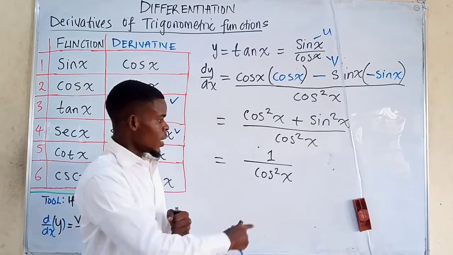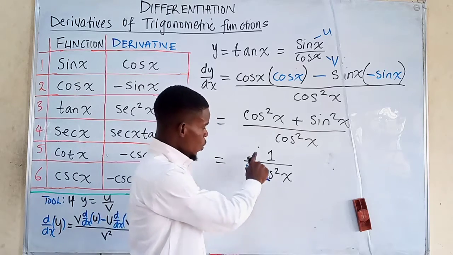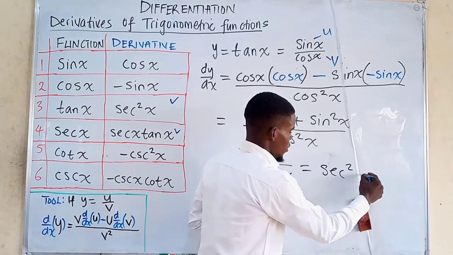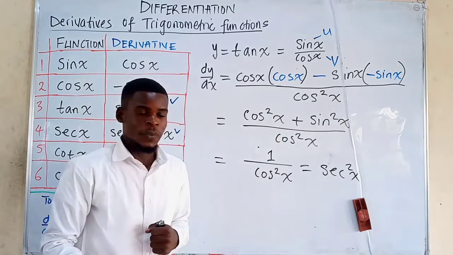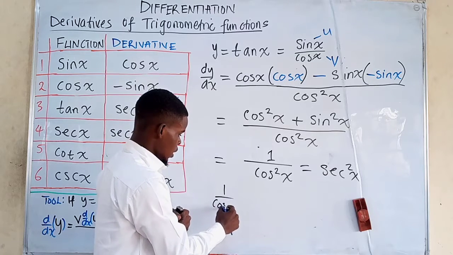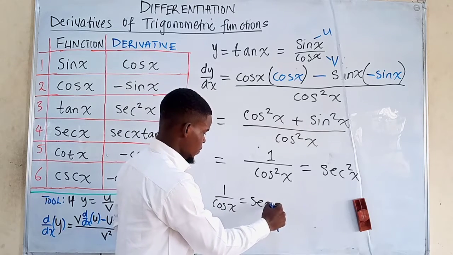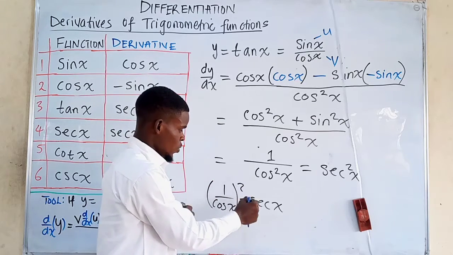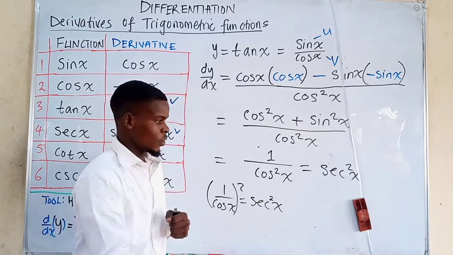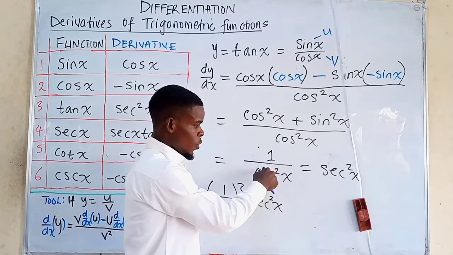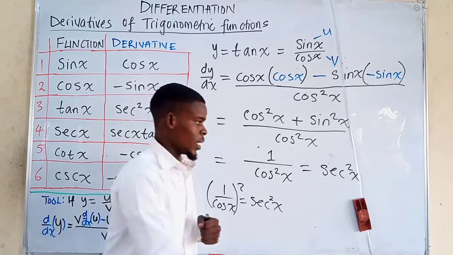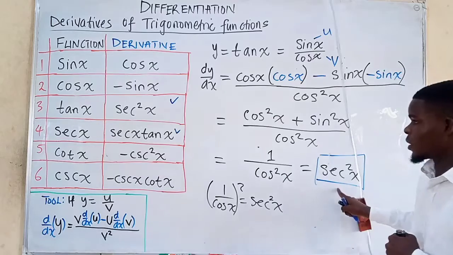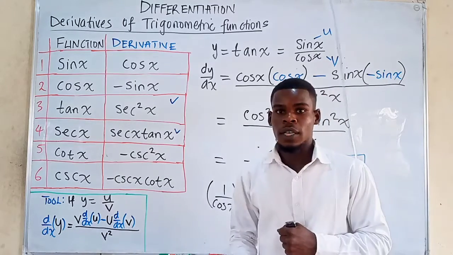Well, 1 over cosine squared x is the same thing as secant squared of x. Remember, I told you that 1 over cosine is the same thing as secant, right? So if you square this, you also square the 1, right? Good. So I can rewrite this as 1 squared over cosine squared, which gives us secant squared x. So that tells us that the derivative of tangent of x is secant squared x, which is just what we have here. Okay, all right.